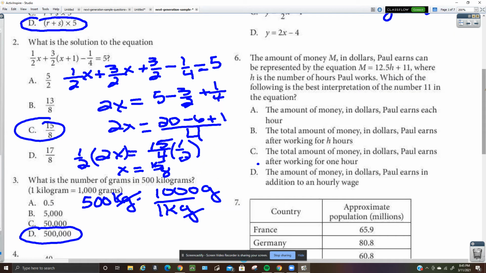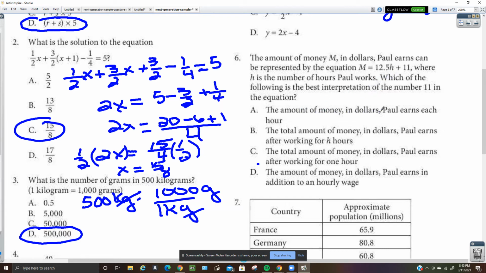And then the amount of money, m in dollars, Paul earns can be represented by the equation m equals 12.5h plus 11, where h is the number of hours Paul works. Which of the following is the best interpretation of the 11 in the equation? So this is at 0 hours, he's getting $11. So it's what he makes without working any hours.